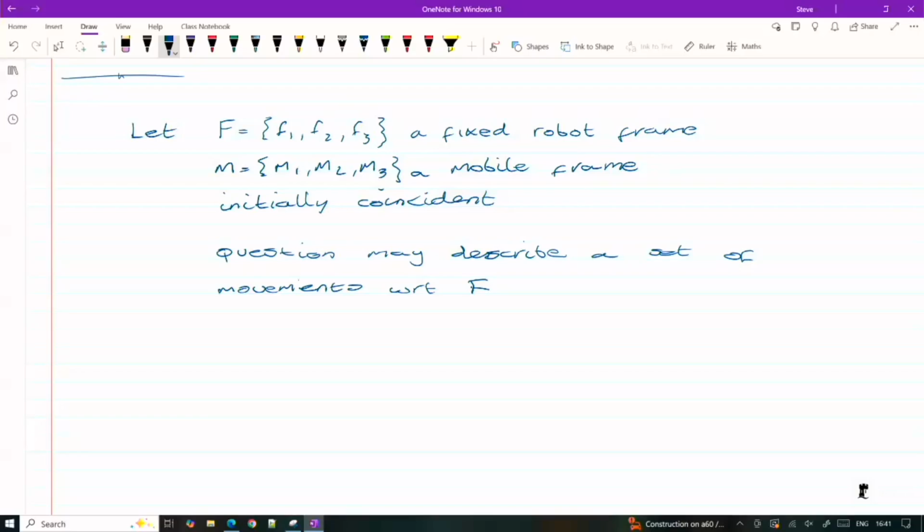That would just be with respect to the fixed frame. You could have movements with respect to the mobile frame, and they're typically about rotational movements that are defined as yaw, pitch and roll.